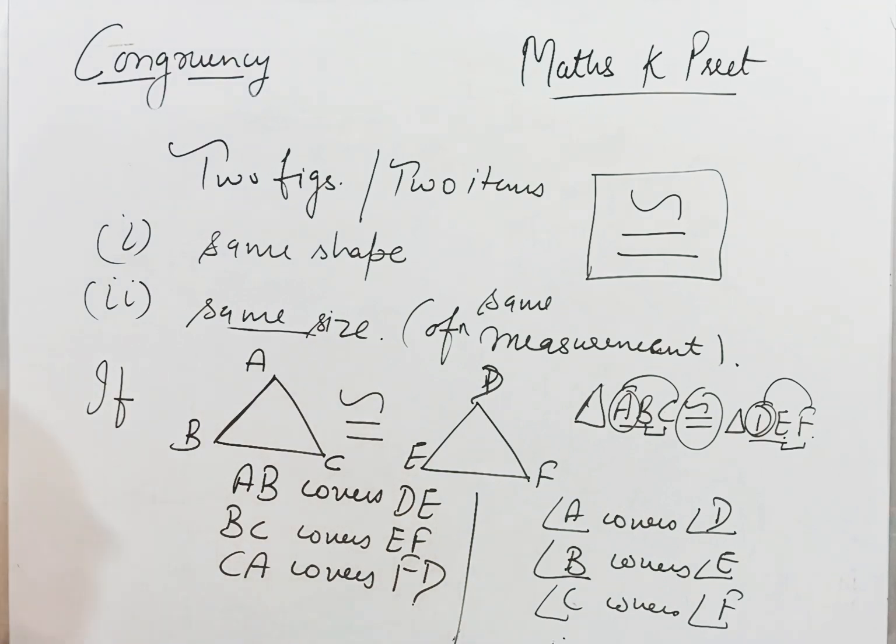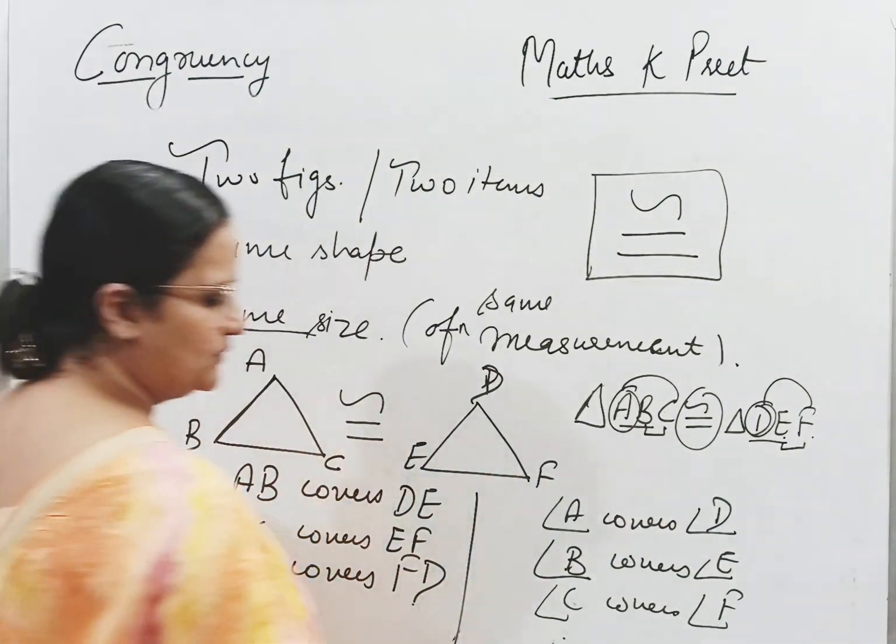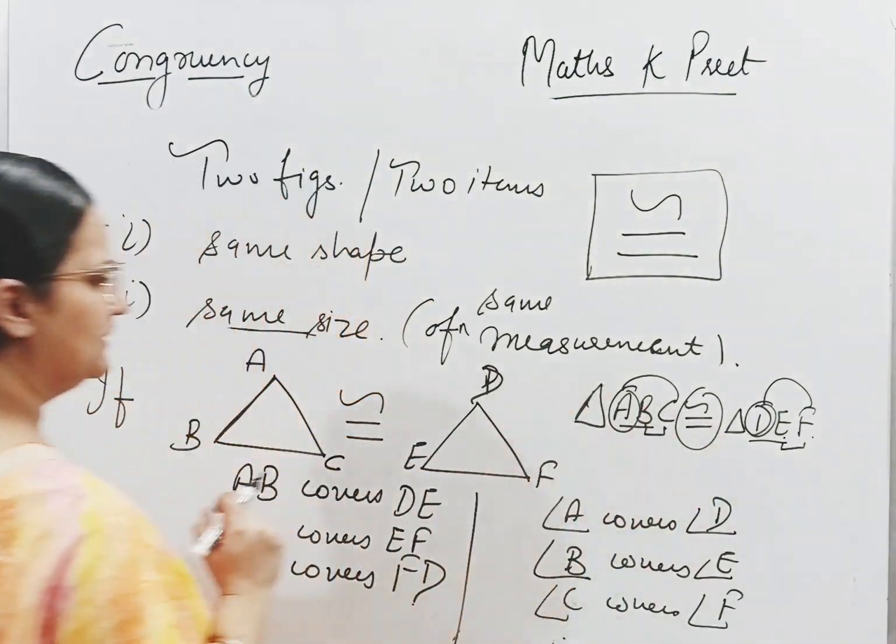So if we are having congruency of two triangles, we can write the correspondence of vertices from here.